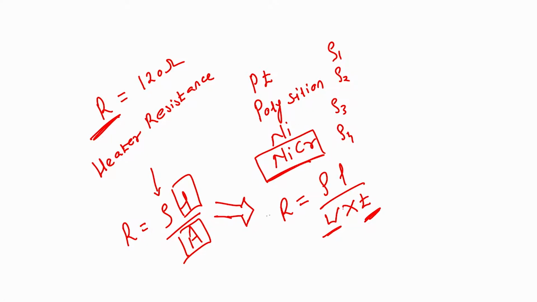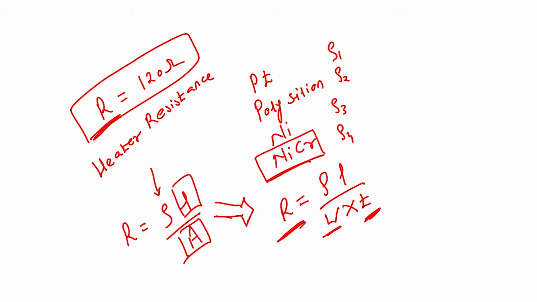So, my resistance will depend on the length of the coil, the width of each line, and the thickness of the material. By calculating here we can form a resistor of a particular value. You got it?